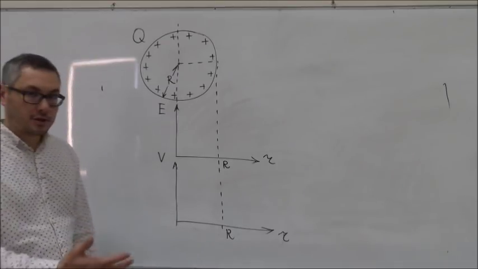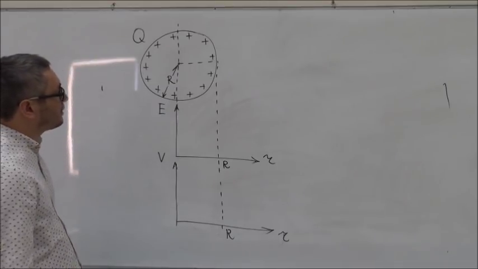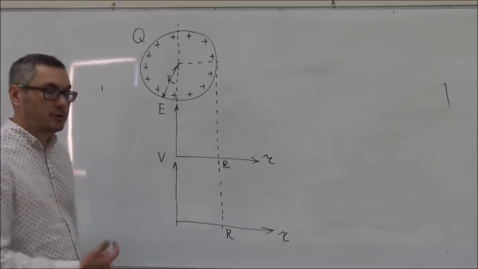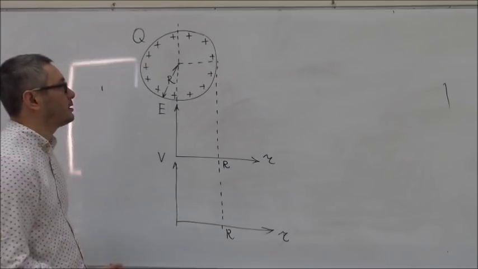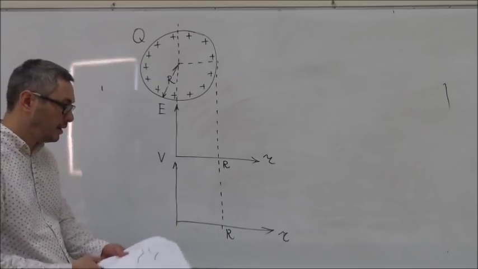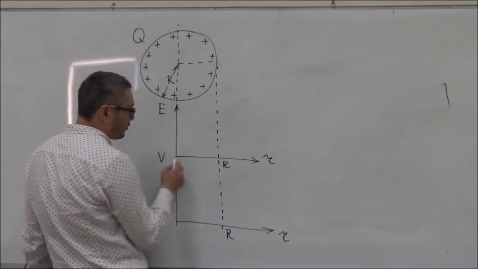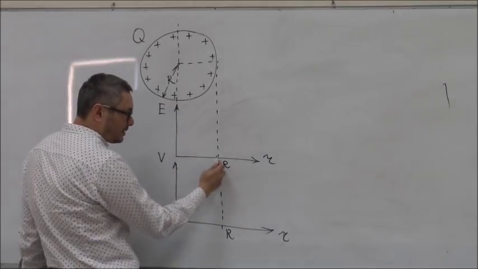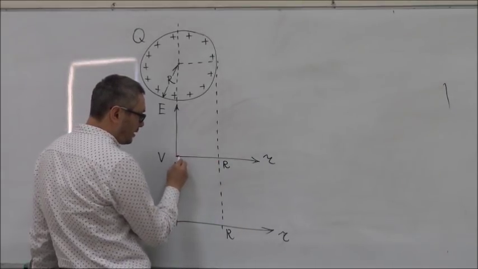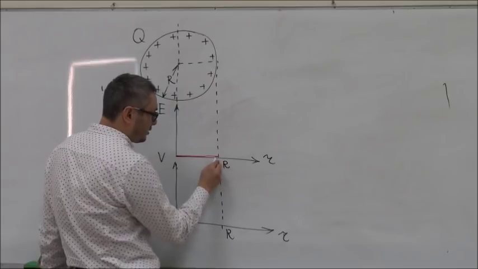From the previous lecture, and we have revisited this in this lecture, the electric field inside the conductor is equal to 0. So we can say that here the electric field, if r is less than the big R, that is inside the conductor, is equal to 0.